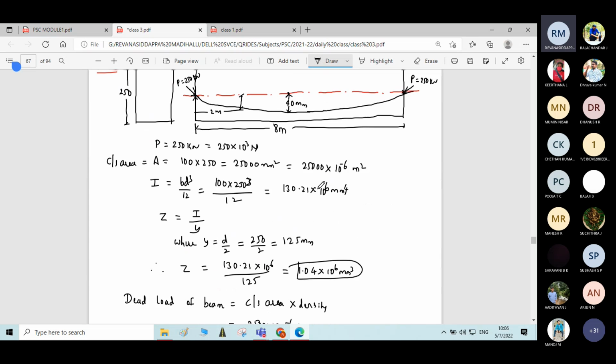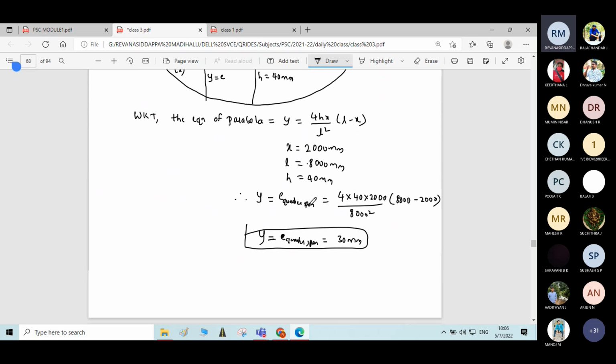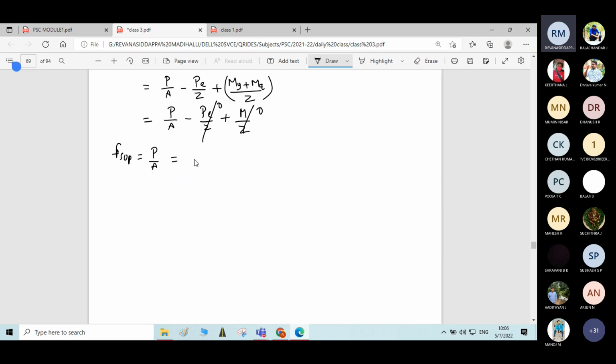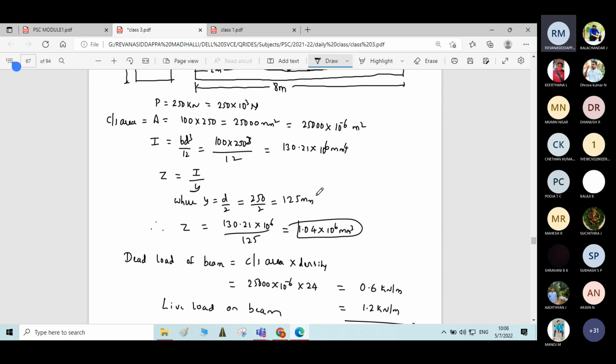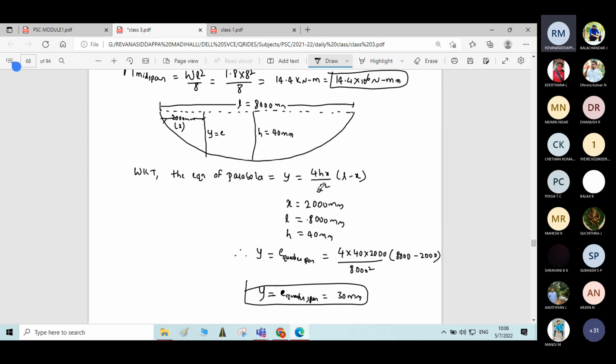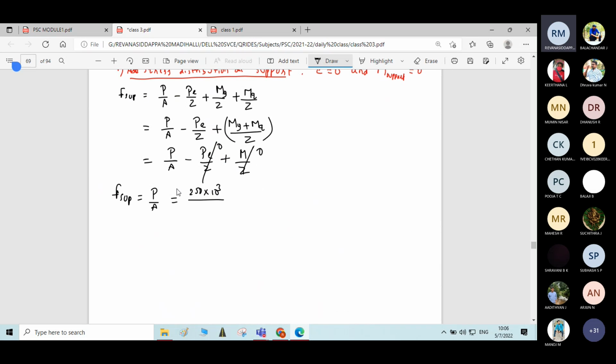It is given as 250 kilonewton, means 250 into 10 power 3 Newton, divided by cross-sectional area. Area of cross-section is 25,000 mm square. If you calculate, the answer is 10 Newton per mm square.